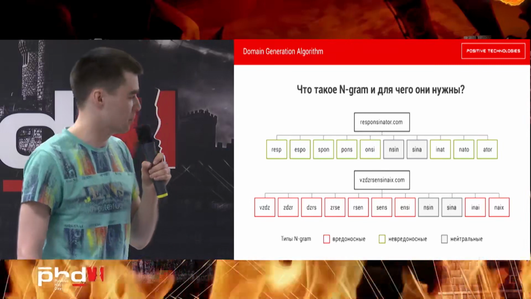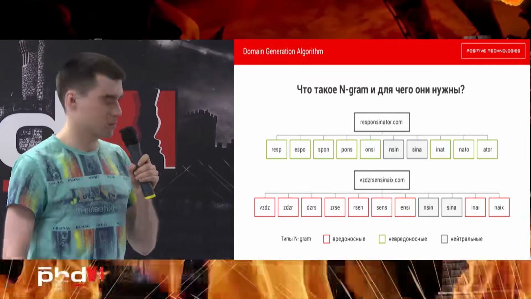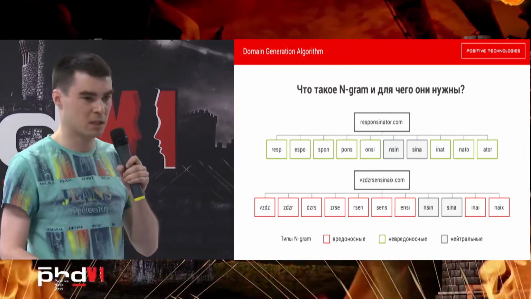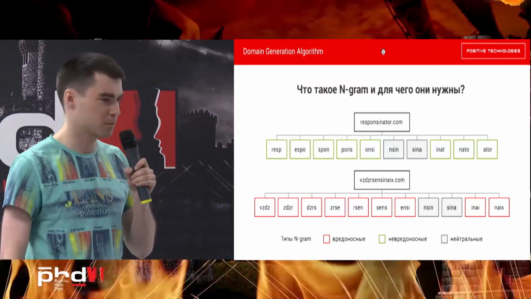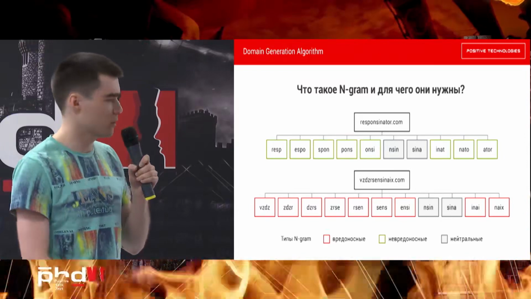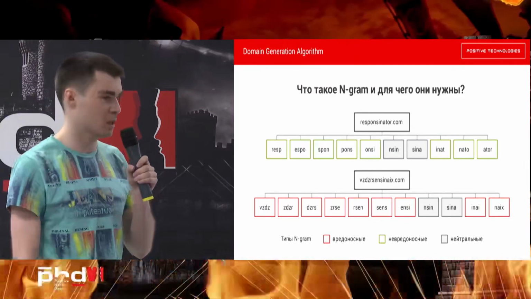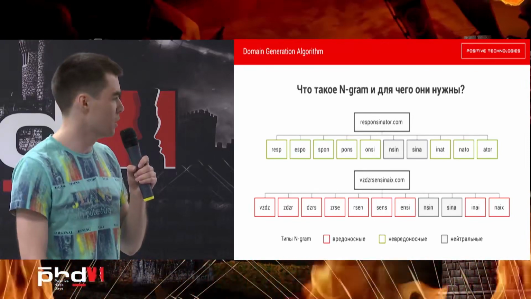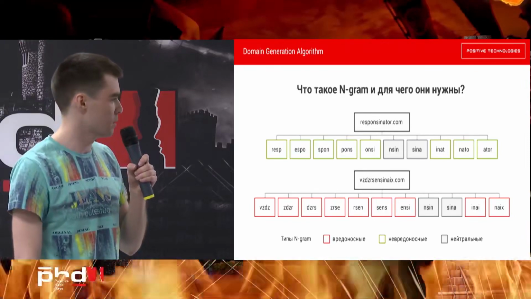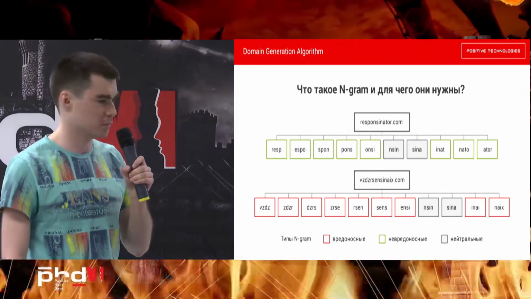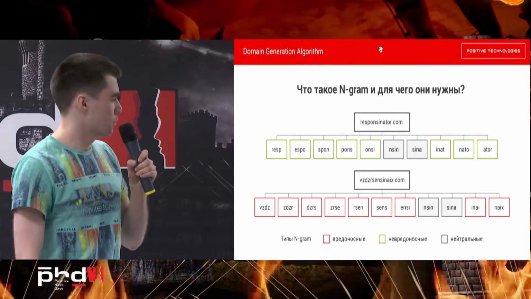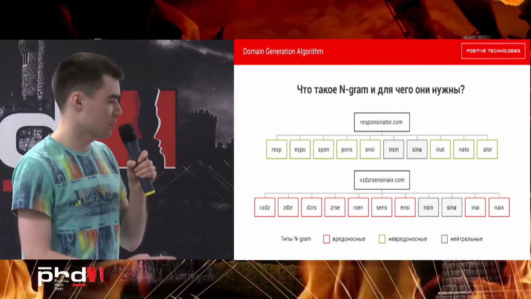One is legit, the other is not. Here you see 4-character-long n-grams, and this particular length is not a coincidence. Our analysis has shown that this length gives you the highest precision.